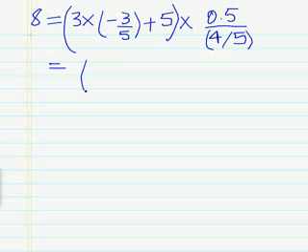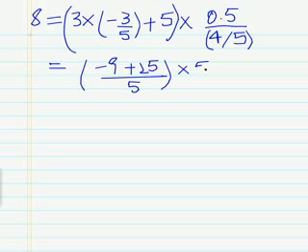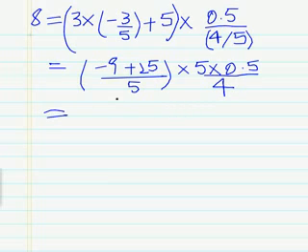So this becomes negative 9 plus 25 over 5 times 5 times 0.5 over 4. After solving this, we get the distance S as 2 over 3 kilometers.